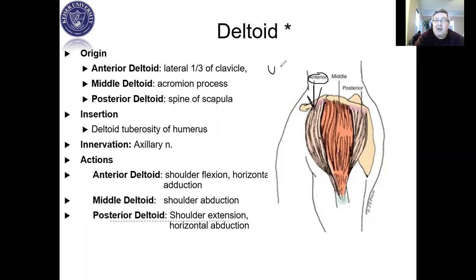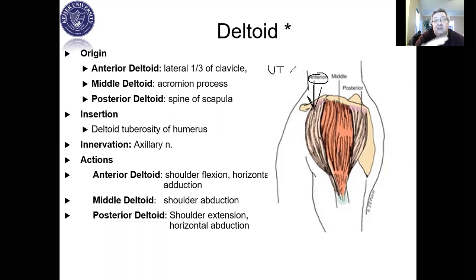Didn't the upper trap have its insertion on that same point? It did. It truly did. Believe it or not, the insertion points for the trapezius muscles, upper, middle, and lower, are the origins of the deltoid. That is a great way to correlate it.